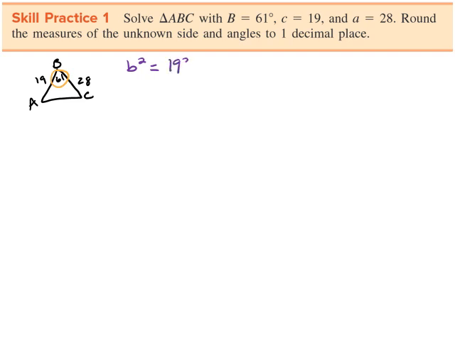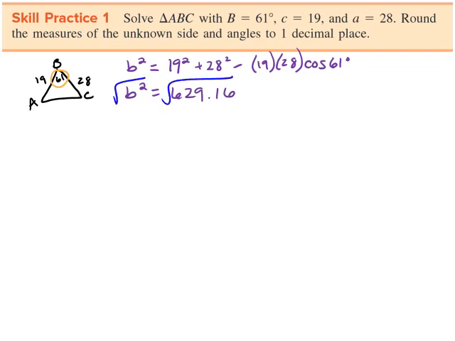Plugging this in, you'll have 19 squared plus 28 squared minus 19 times 28 times cosine of 61 degrees. So B squared is equal to 629.16.